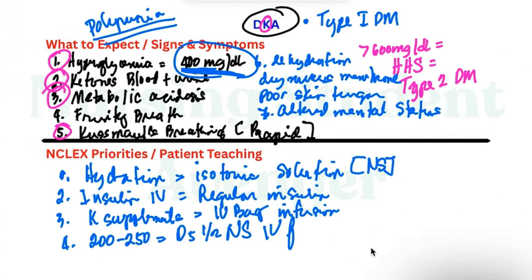The reason why we add D5 is because we don't want that patient to go hypoglycemic. Remember, we have insulin already administered after fluid hydration.